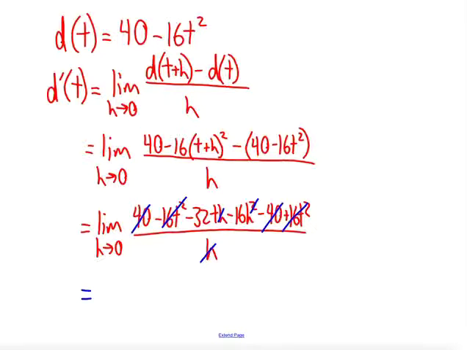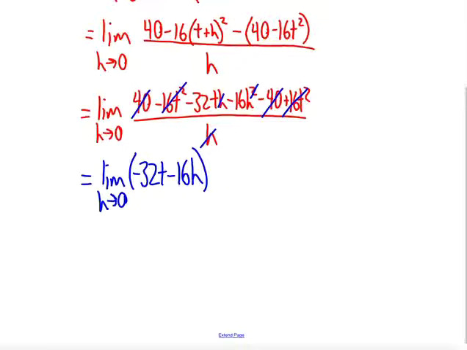But notice now I have something where I can take the limit as h approaches 0. It's negative 32t minus 16h. Now I can just plug in the 0 for h, and I get d prime of t equal to negative 32t.